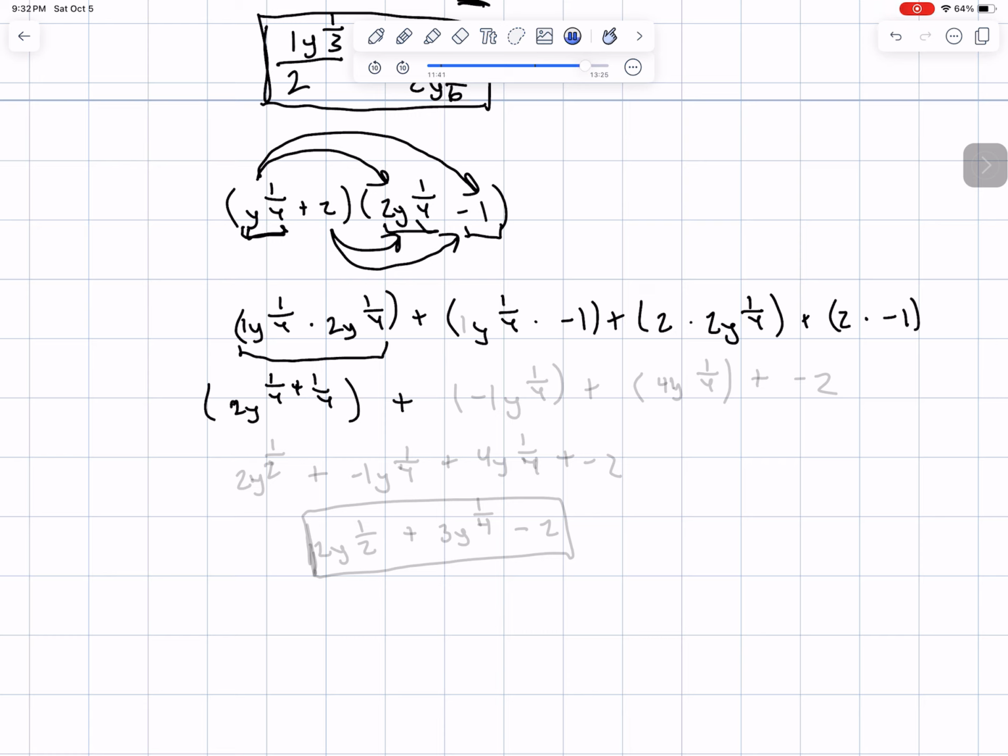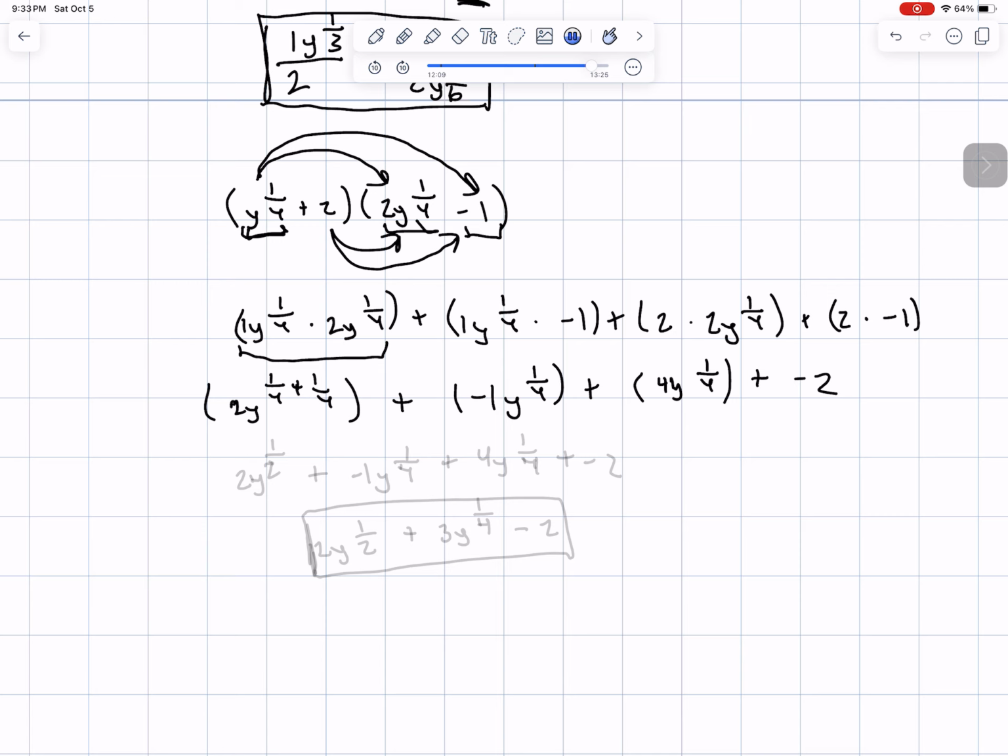What about the second one? Okay, I have 1 times -1. Well, that's just going to be -1y to the 1/4. Plus, 2 times 2 gives me 4, so it's going to be 4y to the 1/4. And then what about the last one? Well, 2 times -1 is -2.